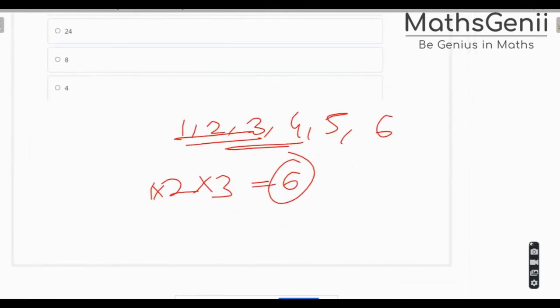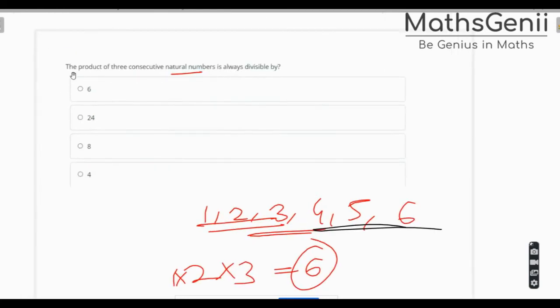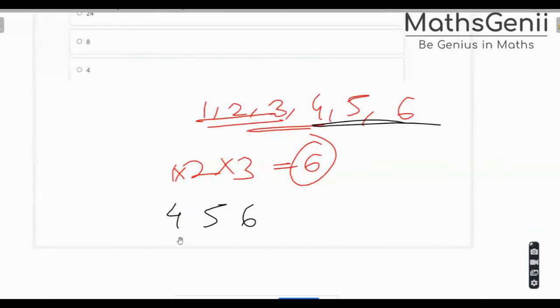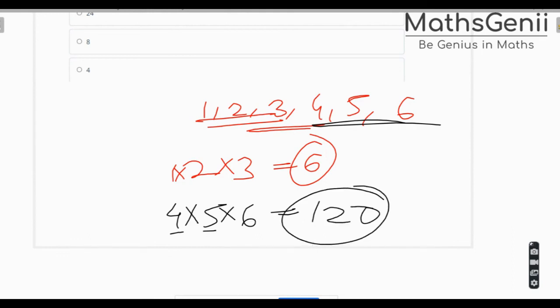Let's look at some other example. Let's look at 4, 5, 6. The product of three consecutive numbers. So 4 5s are 20. 20 into 6 is 120. 120 comes in the 6 table, of course.